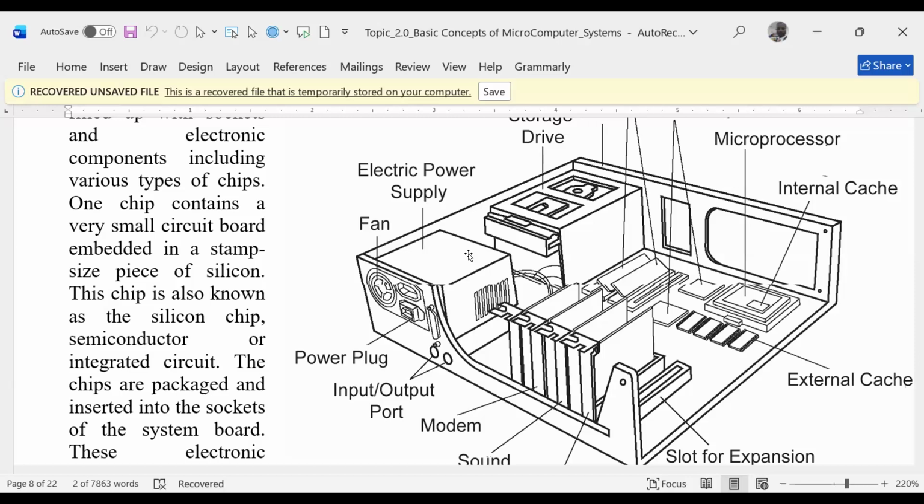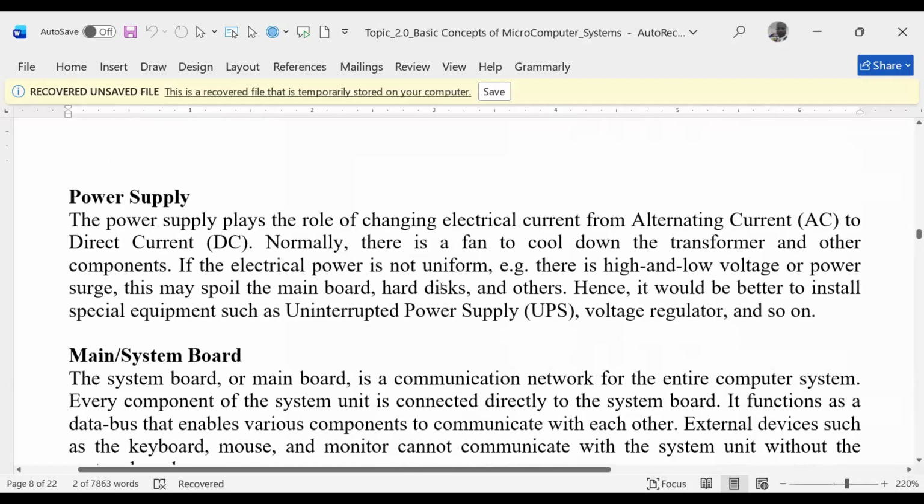This means when you switch on your machine from the main switch, everything is on, but there's nothing showing, no light, no signal on the screen. Then bear in mind that there's a problem with the power supply. The power supply can be replaced if it's not functioning.